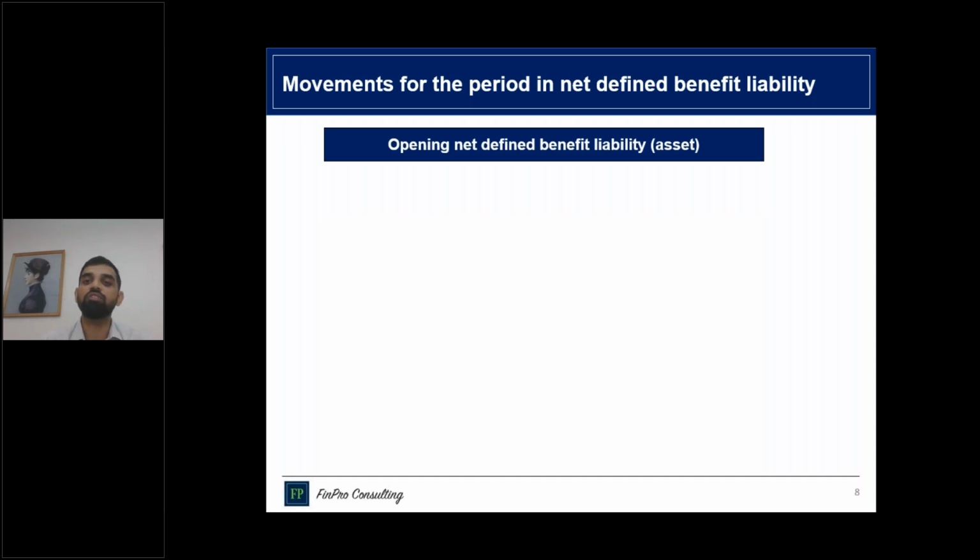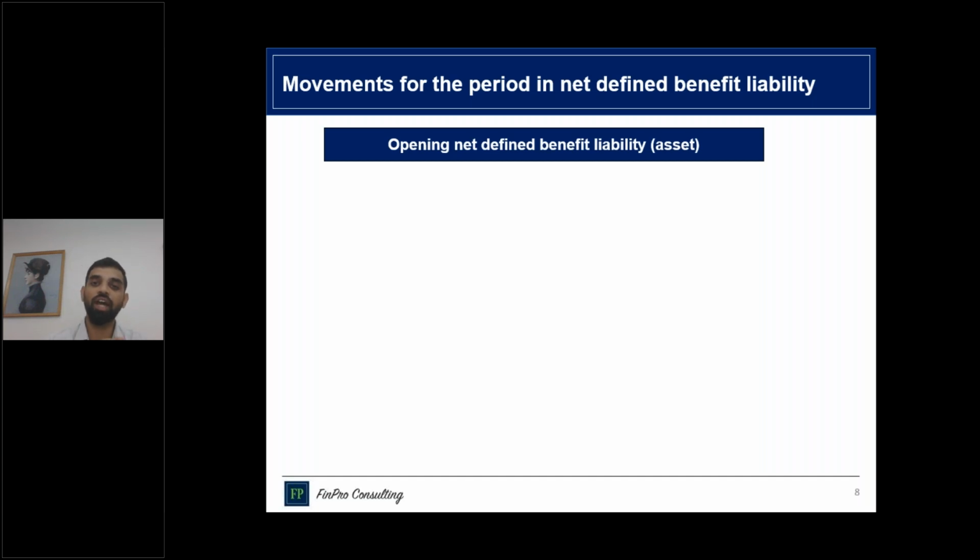It starts with your opening liability or net defined benefit liability. Then there are amounts recognized in the balance sheet, then amounts recognized in the statement of profit and loss. In case you are applying Ind AS, there are amounts recognized in OCI.